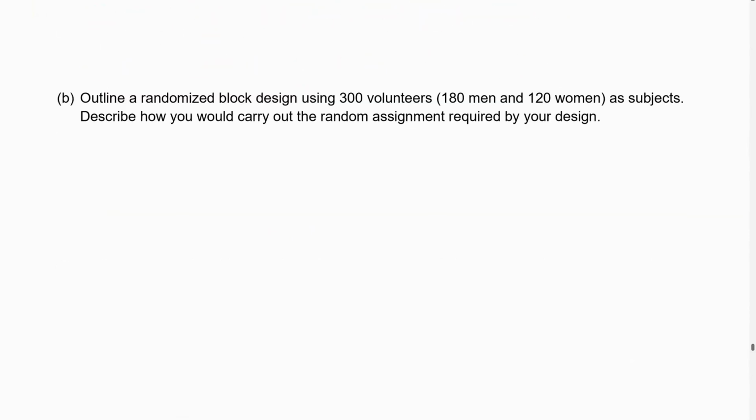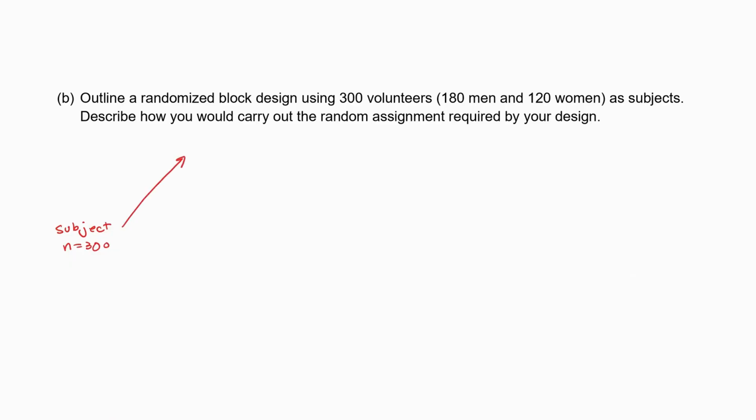So it says outline a randomized block experiment using 300 volunteers, 180 men and 120 women as subjects. Describe how you would carry out the random assignment for your design. All right, so let's start with, we have our subjects. And how many of them? There are 300 of them.